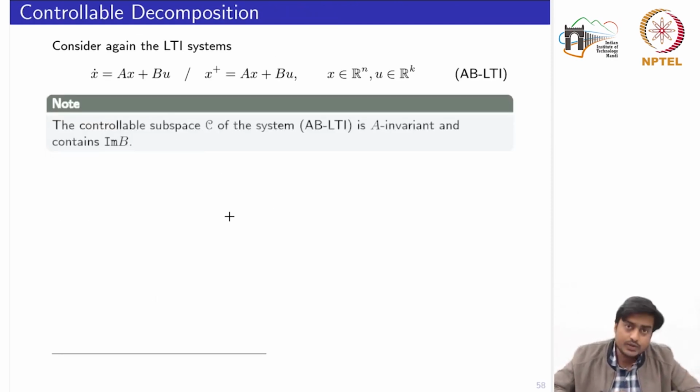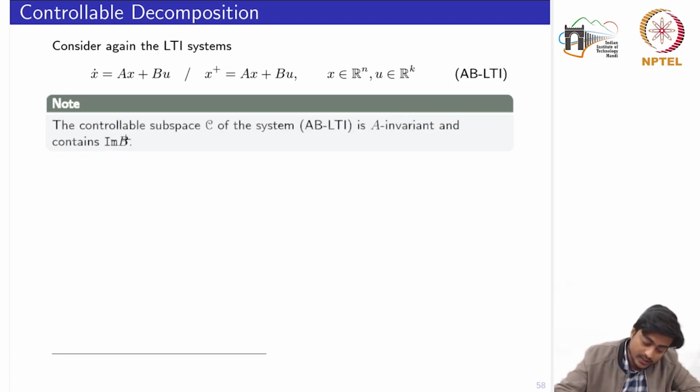Now coming on to the controllable decomposition part. Consider again the LTI systems. Note that the controllable subspace mathcal C of the LTI system A, B is A-invariant and contains the image of B. What does it mean?